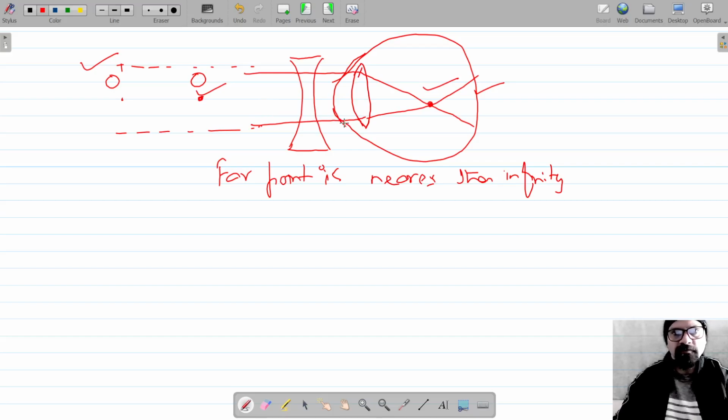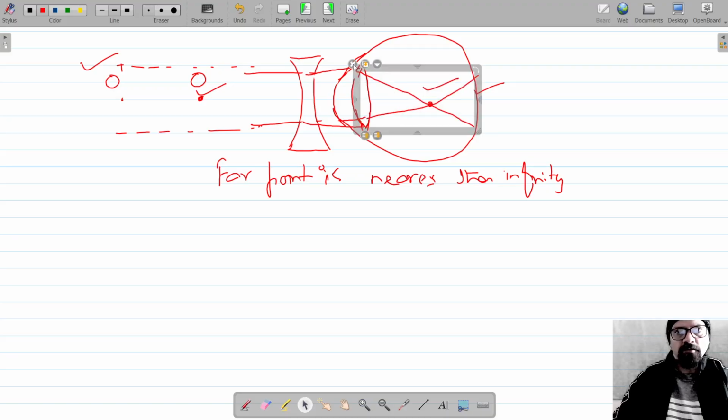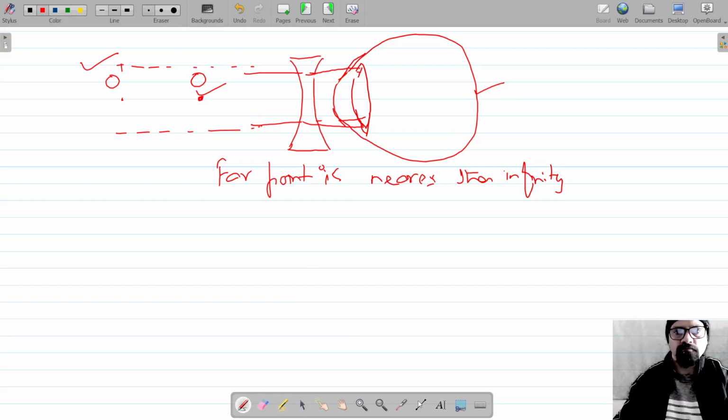Now these rays will be diverged by the lens, and now they are made to fall on the retina here.